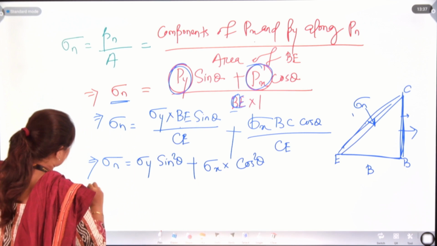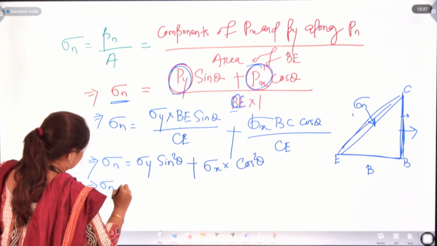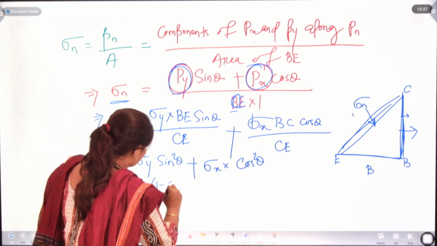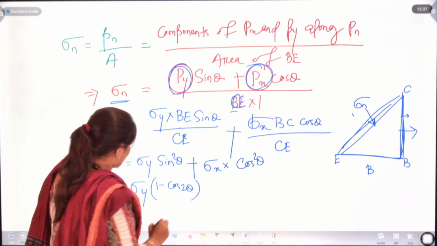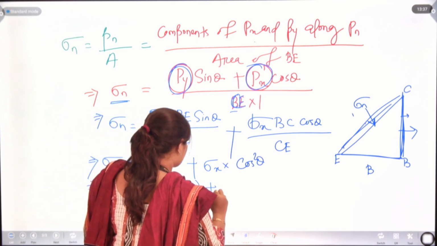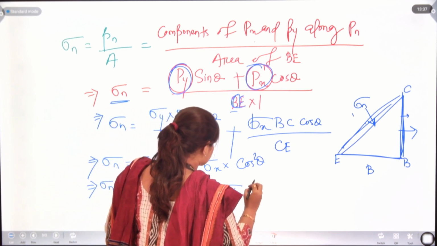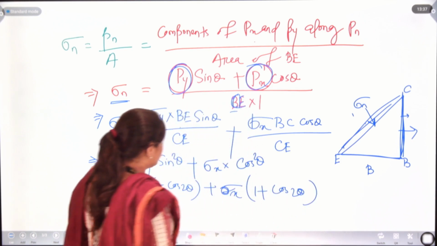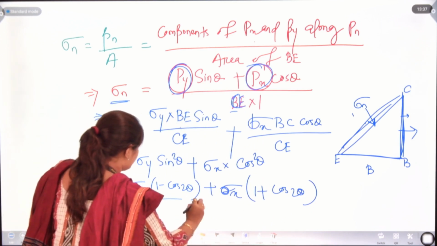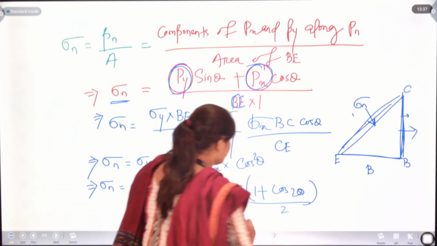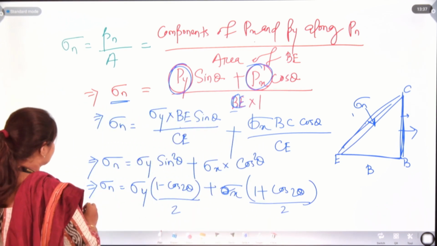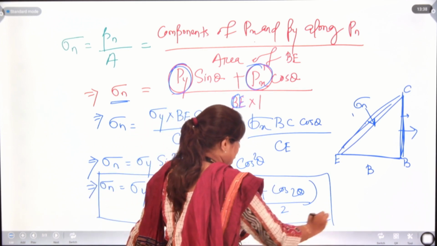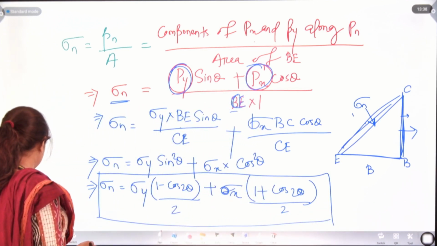So if we write it in form of cos 2 theta, we will have sigma y into 1 minus cos 2 theta plus sigma x into 1 plus cos 2 theta, right, upon 2. If we just resolve this, we will get the value of sigma n.